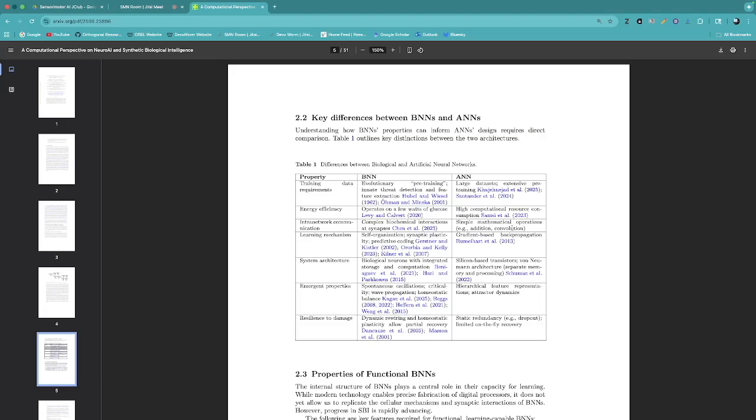And there are connections between these, like emergent properties. This area is really interesting, but it speaks to a lot of the other areas as well. I like this table, but you could keep revising it in terms of different properties and differences that you can think of. I think the take-home message is that biological neural networks do things a lot differently than artificial neural networks, and we can learn a lot from them in a way that gives us different paradigms.